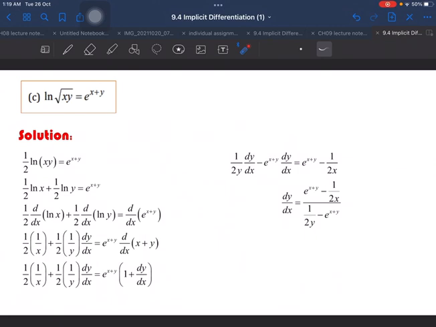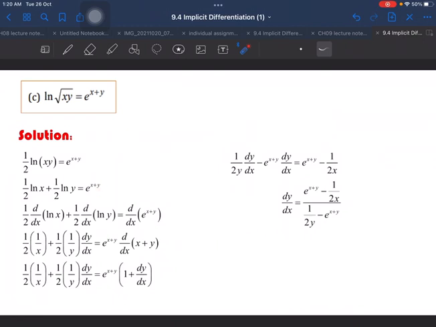Jadi kat sini, kita turunkan dia punya power untuk number ln tersebut. It is 1 over 2 ln xy equal to exponent x plus y. And then we use the properties of ln: 1 over 2 ln x plus 1 over 2 ln y equal exponent to the power of x plus y.